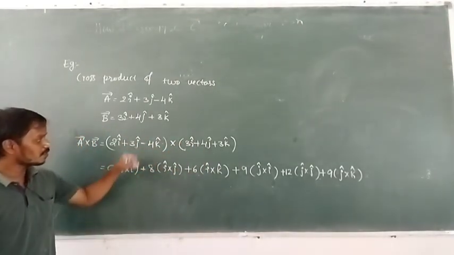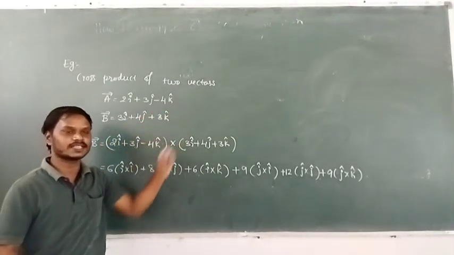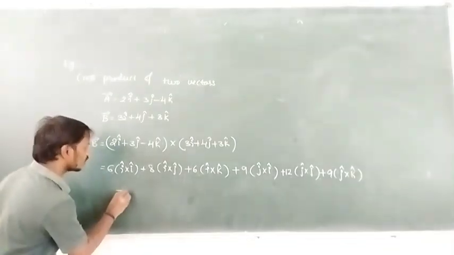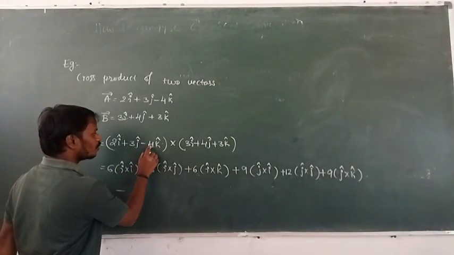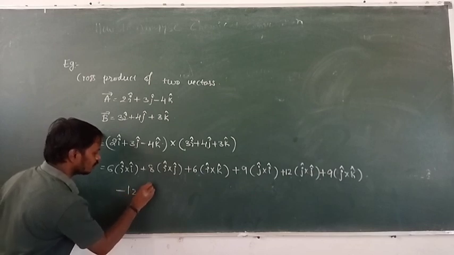Next, the cross product of the last term of the first bracket with the second bracket. So minus into plus, minus. Minus 4 into plus 3, that is minus 12, then it is k cross i.